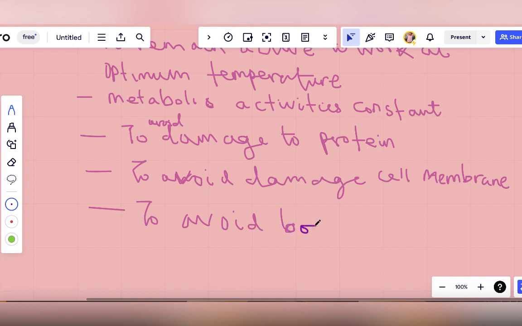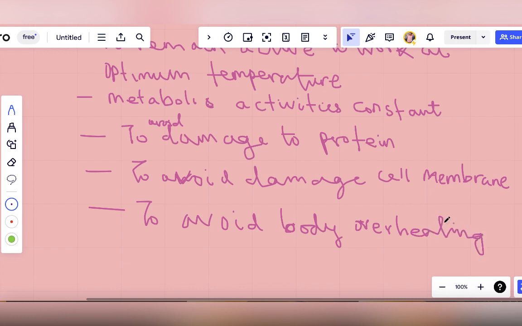So we need to put this point down. There are many points: body overheating, to avoid heart attack, to avoid stroke, to avoid so many issues. So you have to keep the body temperature constant. Okay, so that's that for that.